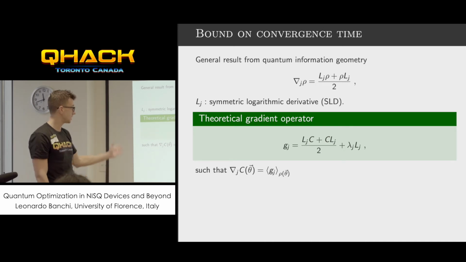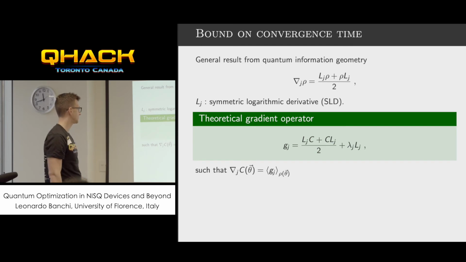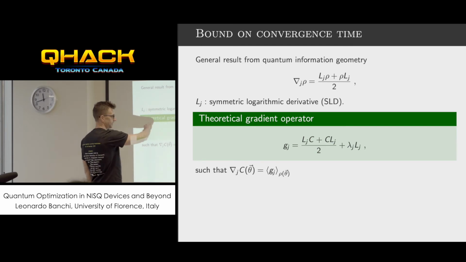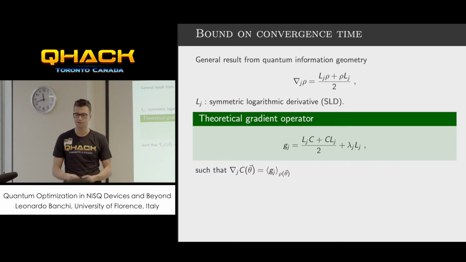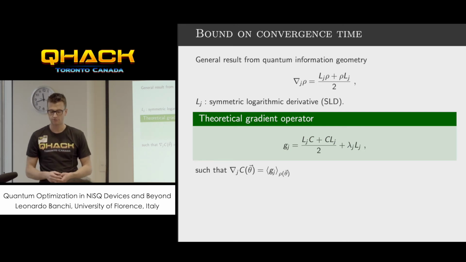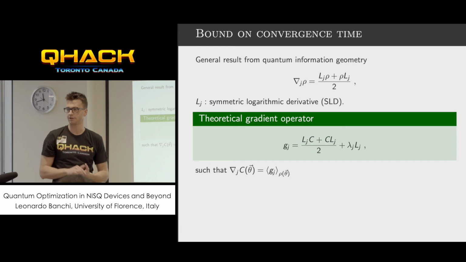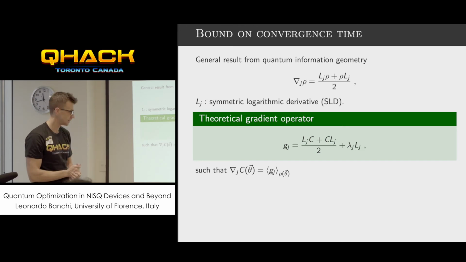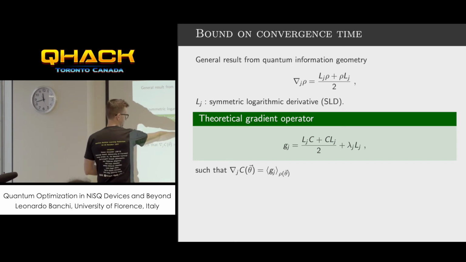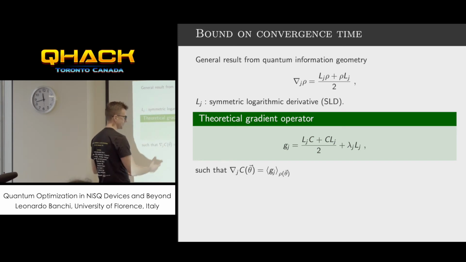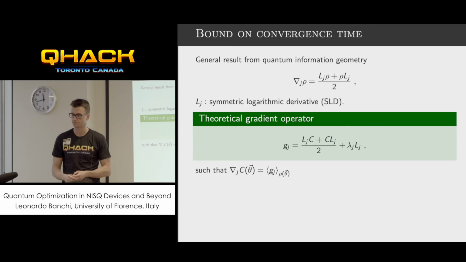Once you have this, you can write a theoretical gradient operator, which in the case of pure states gives you the usual commutator expression that you know. In principle, you can now measure this operator and get an estimator for the gradient.